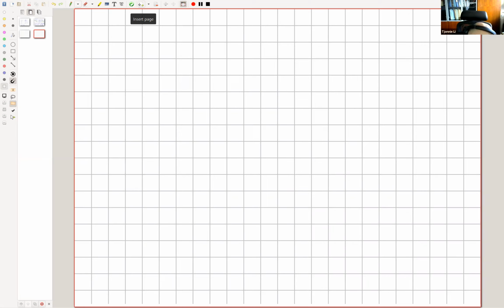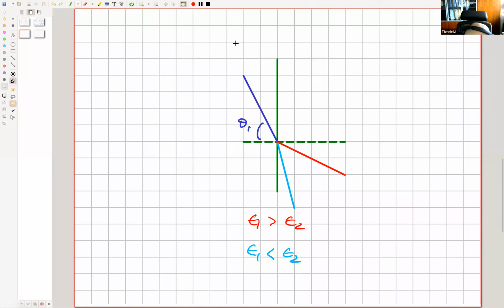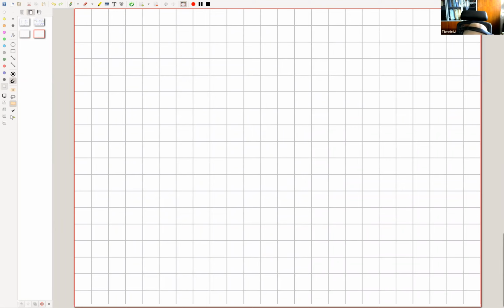In the very same vein, what about for the magnetic field?